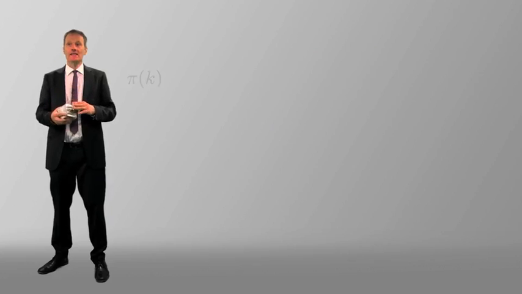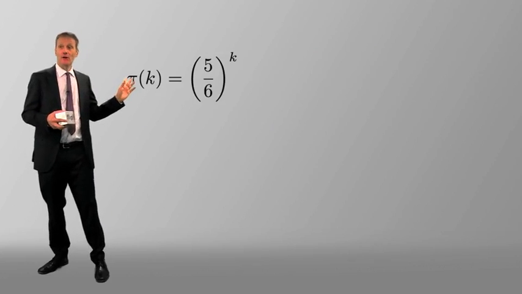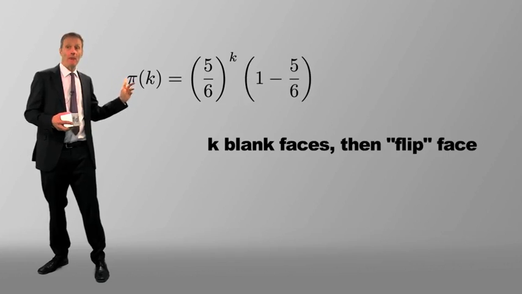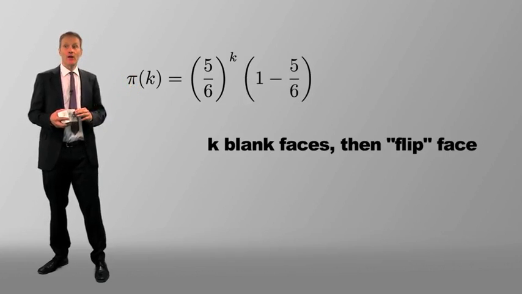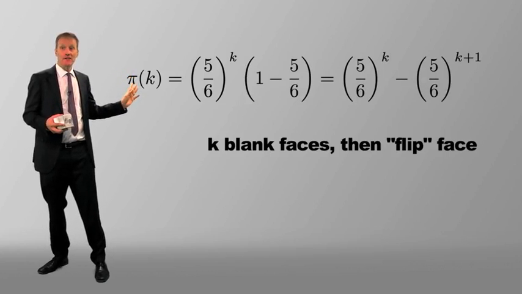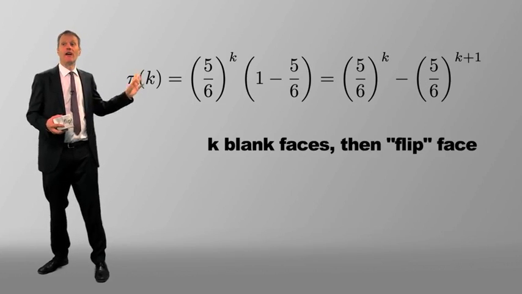And the probability of throwing k times a blank face followed by once the flip face is given by (5/6)^k times 1/6, or 1 minus 5/6. So this is equal to (5/6)^k minus (5/6)^(k+1).